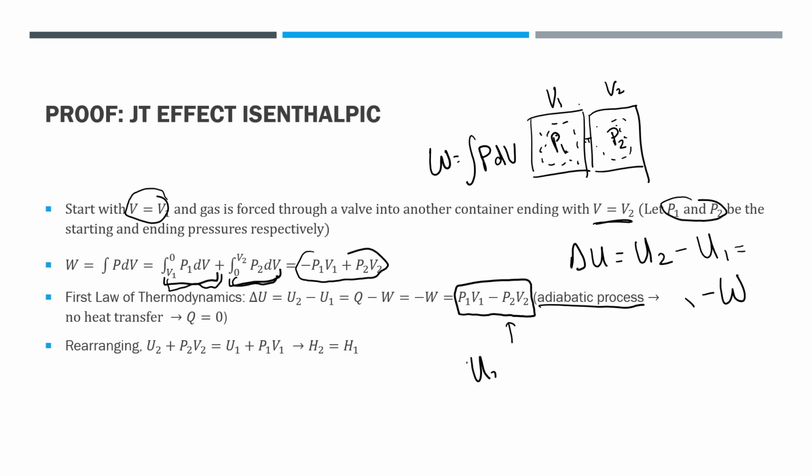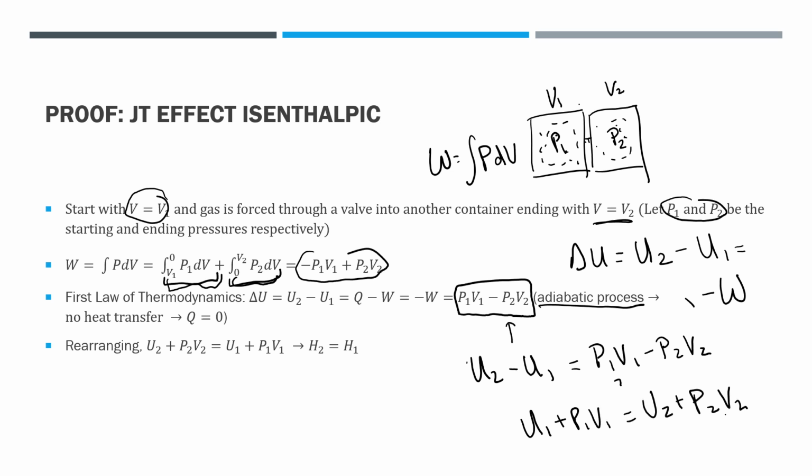So I have U2 minus U1, that's my definition of change of internal energy, is equal to P1V1 minus P2V2. And I can rearrange this by moving the U1 to that side and this guy to that side. And what do I get? I get that U1 plus P1V1 equals U2 plus P2V2.